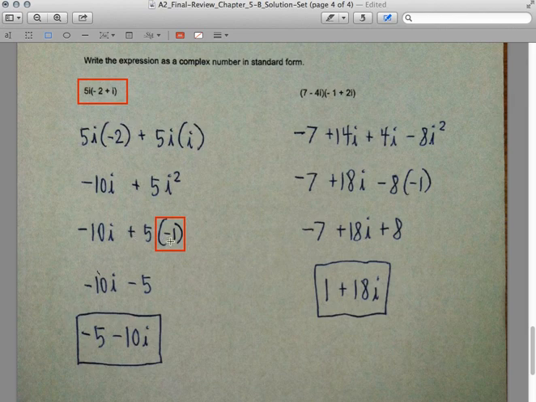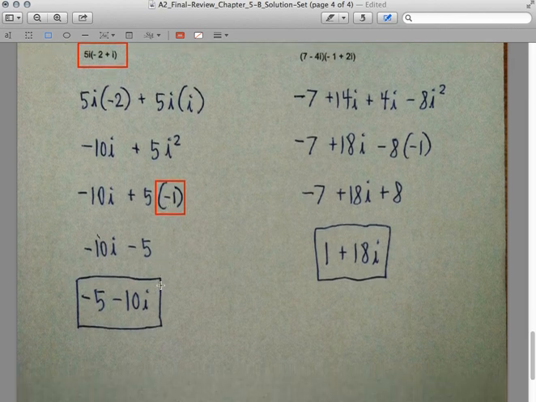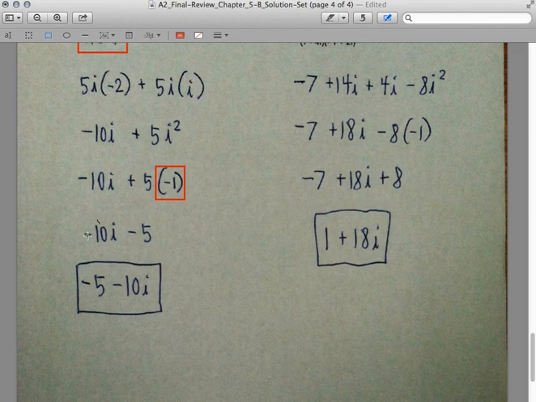Positive 5 times negative 1 is negative 5, and that is where we get the expression negative 10i minus 5, or more correctly, negative 5 minus 10i, as that is the model for how complex numbers are written: a plus bi, the real number plus the imaginary value.